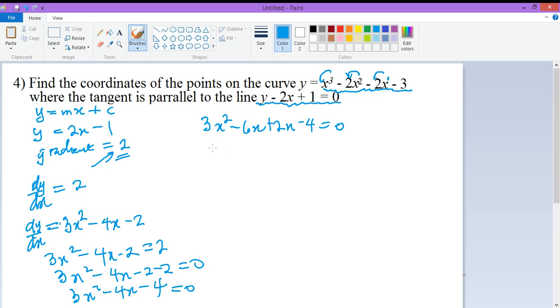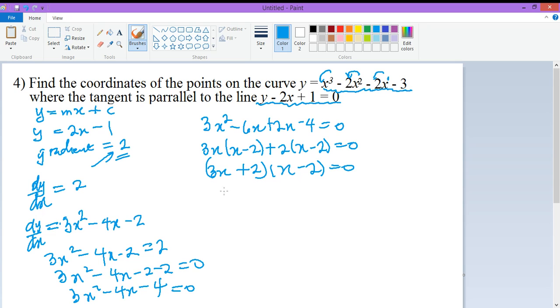Factorizing further, we have 3x coming out, then we have x minus 2. Then for this side, we have 2 coming out, we have x minus 2 is equal to 0. So this becomes 3x plus 2 times x minus 2 is equal to 0.